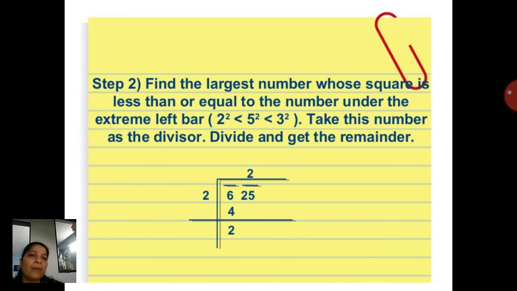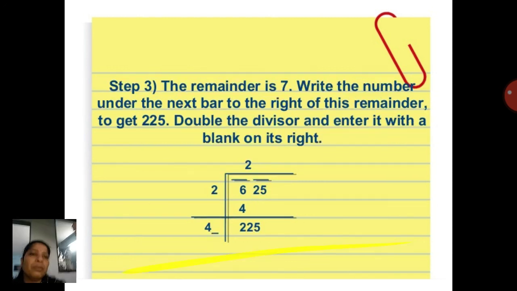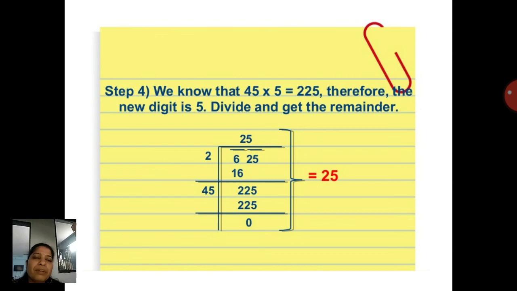Now we drop down the pair 25 with 2, and the number becomes 225. We add the unit place 2 to 2, it becomes 4. Now we multiply 4 with something, the same number as in the quotient, so that it is nearer to 225. After multiplying with 5, we get 225. So the square root of 625 is 25.